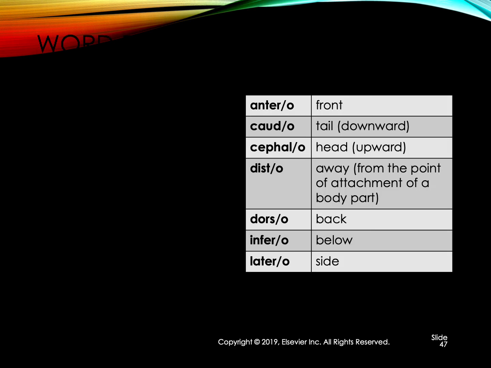So some word parts that are important for us to know when we are familiarizing ourselves with directional terms are listed here. These are important because the surgeon is going to use these terms in the operating room to refer to the front of the body, or the tail end of the body, the head of the body, a part that's farther away from the torso of the body, so on and so forth.